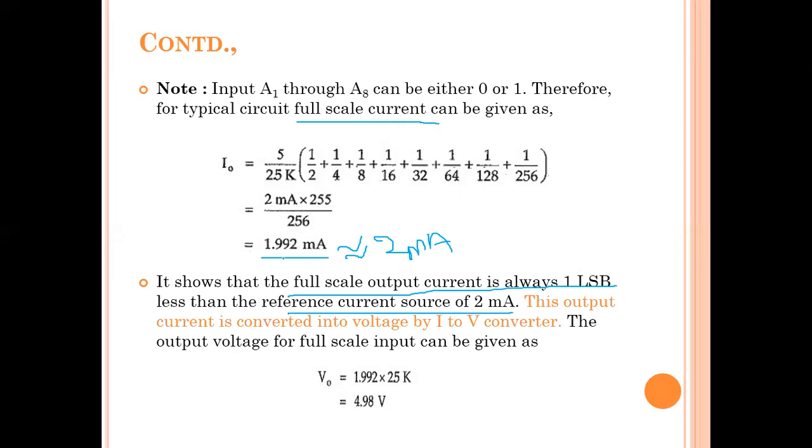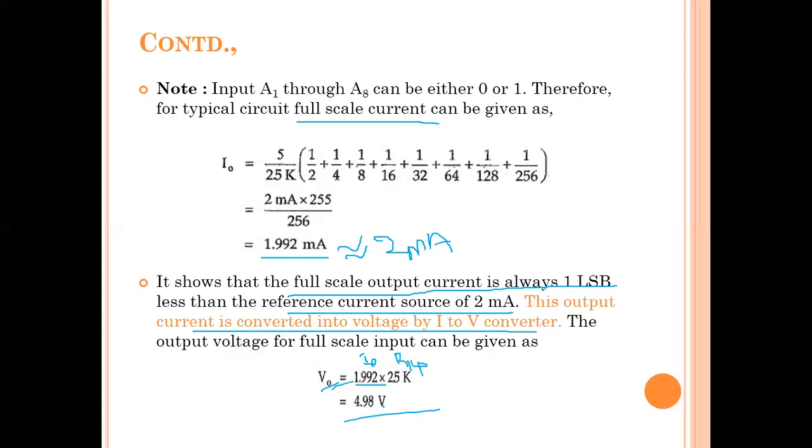This output current is converted into voltage by using an I2V converter. The output voltage for full scale input can be given as, so this is the current value we have got, that is I0, and the resistance we are considering is R14. If you multiply both, you will get V0, which is equal to 4.98 volts.